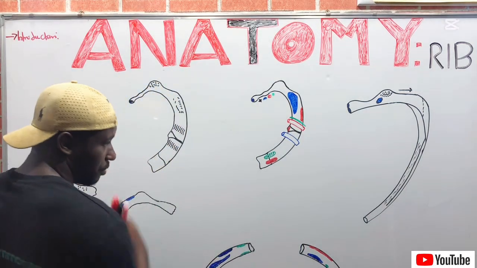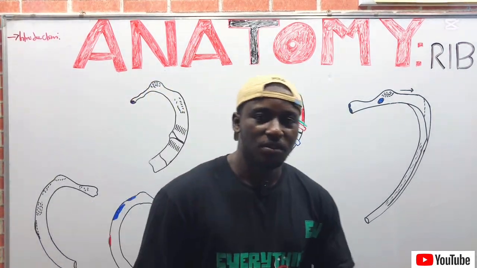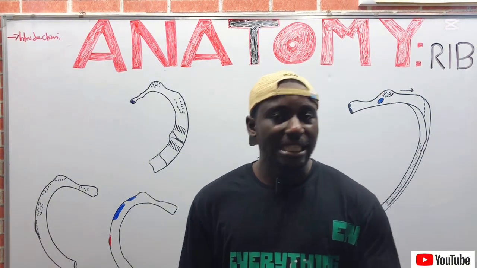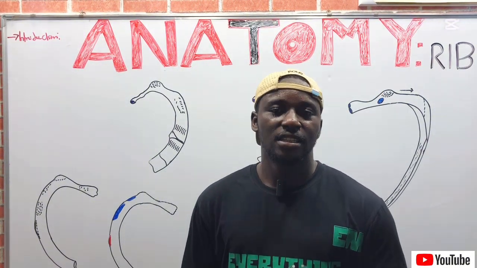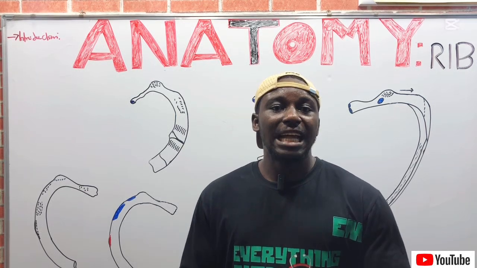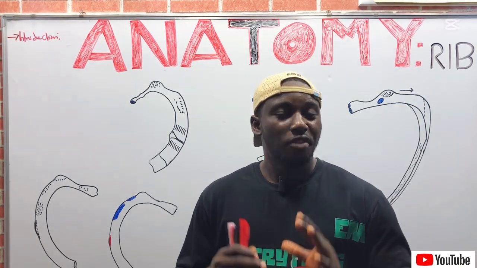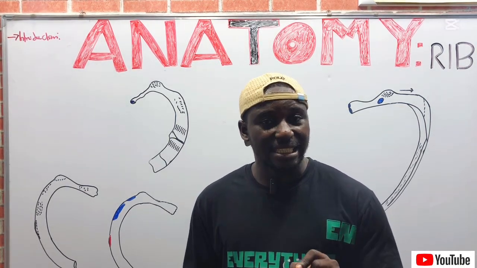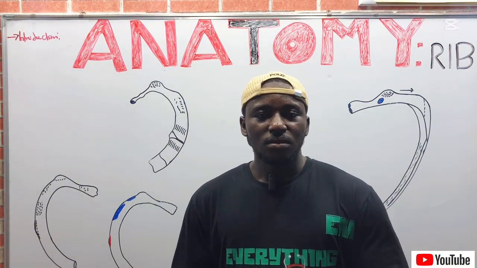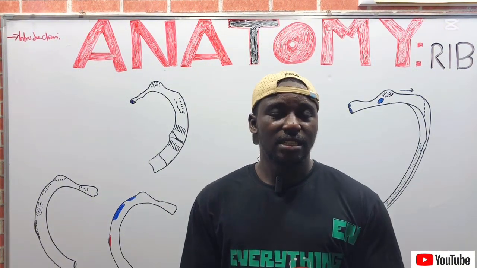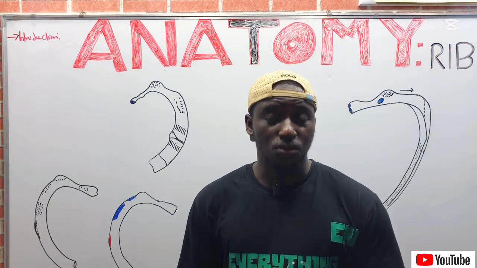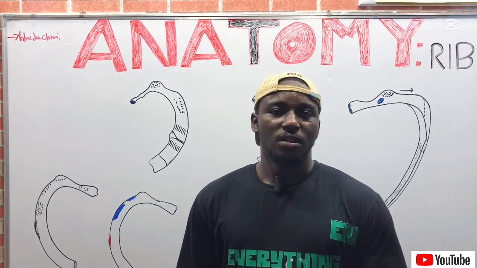Now, what are ribs? Ribs are flat, ribbon-like, elastic bony arches, which participate in the formation of the skeletal framework of the thorax, the thoracic cage.